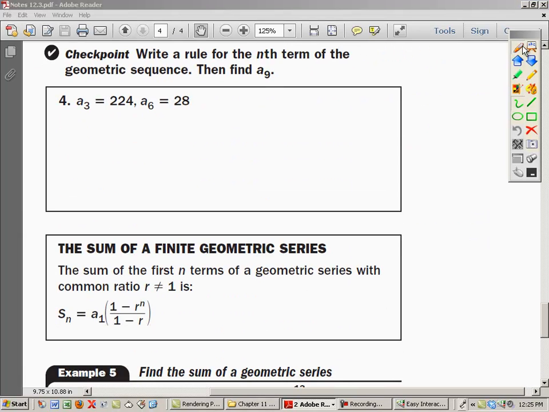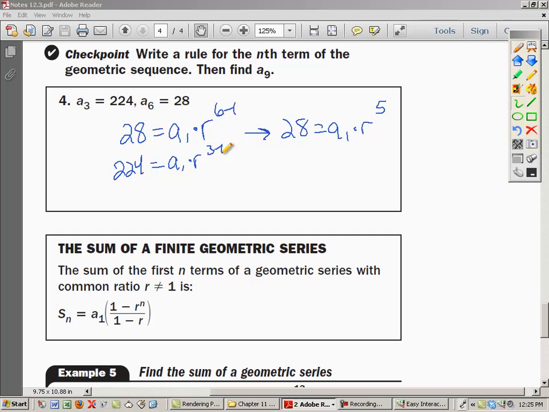All right, so now I have the 6th term, so 28 is equal to my initial value times r, which I don't know, to the 6 minus 1 power. So 28 is equal to a sub 1 times r to the 5th. And the second one, I have 224 is equal to a sub 1 times r to the 3 minus 1, which is 2.